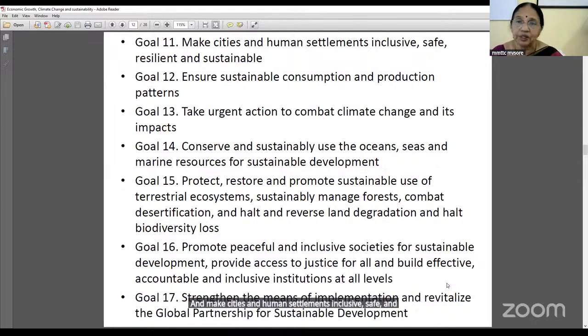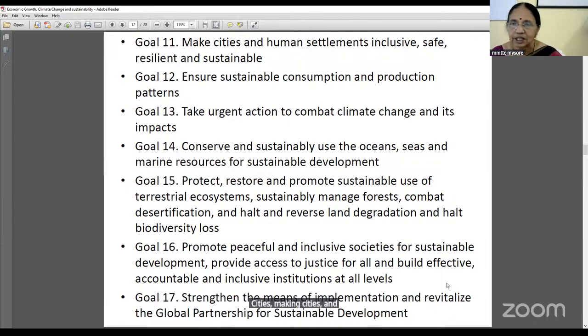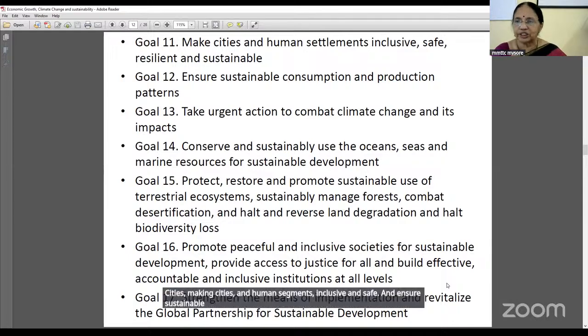This is also important for sustainable development because as urbanization is increasing, urban settlements are the harbingers of, or they promote, unrest and such, and also health issues. So sustainable development should focus on cities, making cities and human settlements inclusive and safe, and ensure sustainable consumption and production patterns.